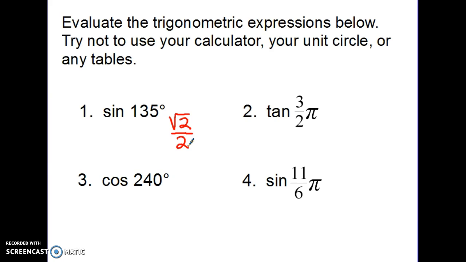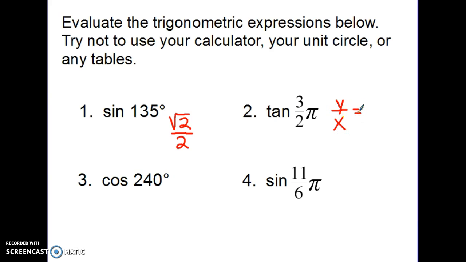The second one, tangent of 3/2 pi. So that angle on your unit circle is at the very bottom, 3/2. Tangent: Y value, X value, or a combination of the two? Right, it's a combination. So to find tangent, you're doing the Y value over the X value.